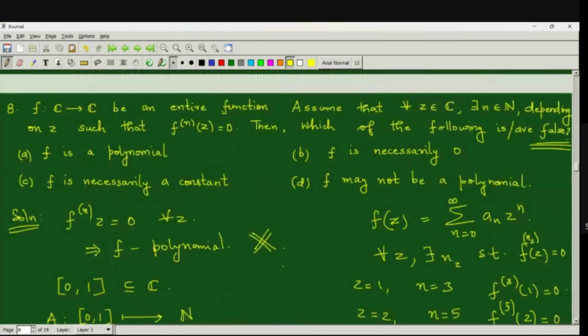The claim that f is necessarily 0 is wrong. The claim that f is necessarily constant is wrong because we can just take the identity function, where m can be taken to be 2. The claim that f may not be a polynomial is also wrong. f is in fact a polynomial. Got the answer?